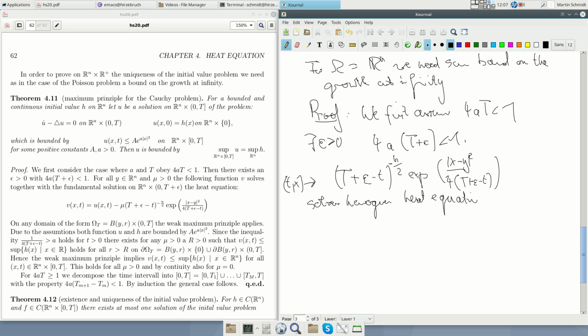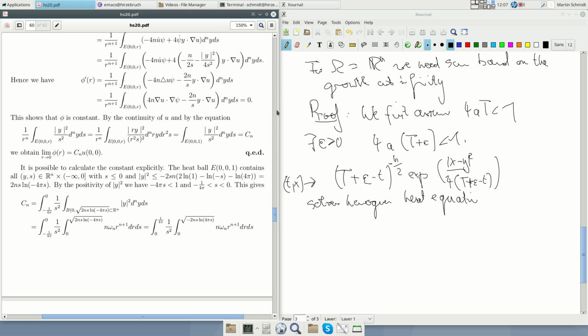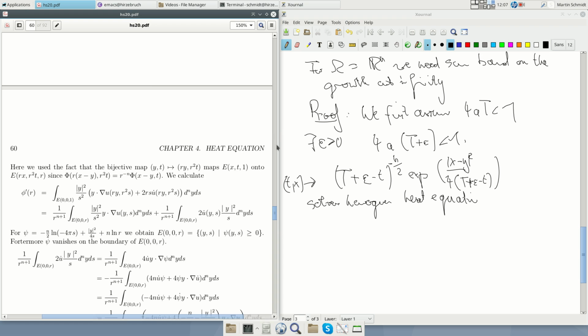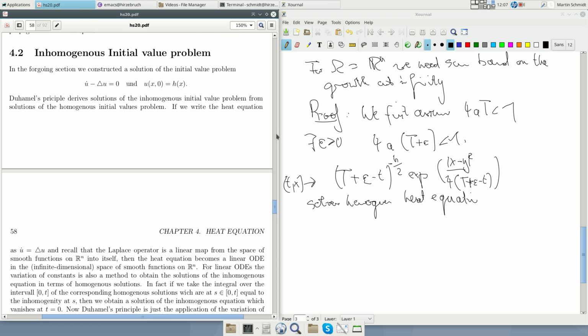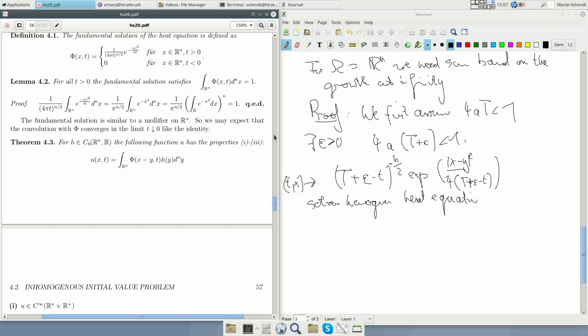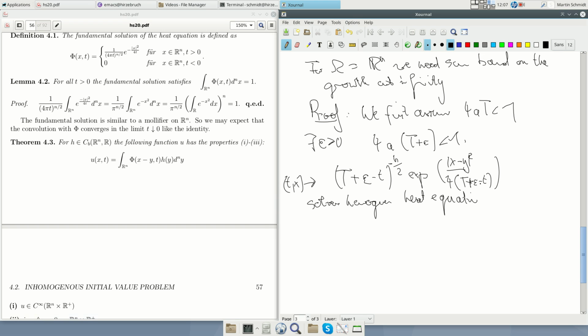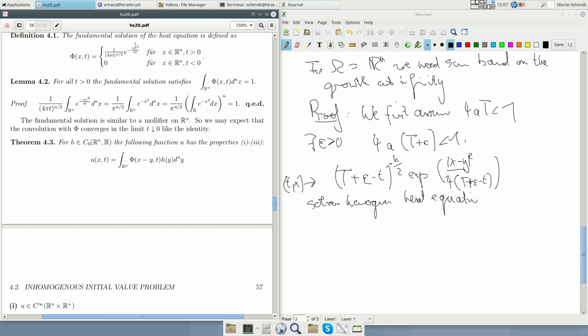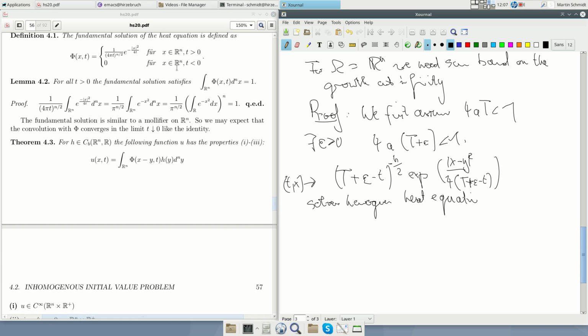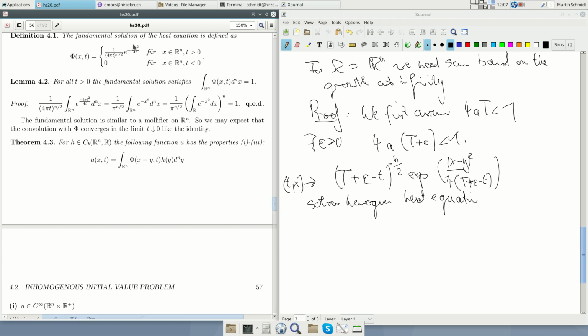In fact this just follows because this is a multiple of the fundamental solution translated. Let's compare with the fundamental solution. Here is the fundamental solution. So here with the minus we have exactly this term in the exponent, translated of course by t plus epsilon and by y.